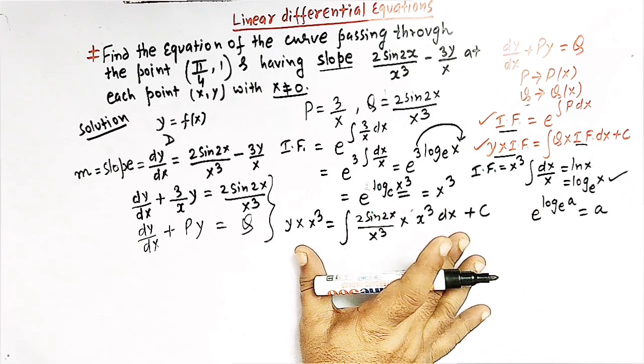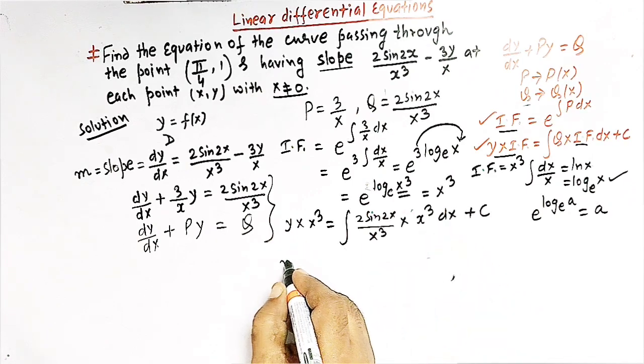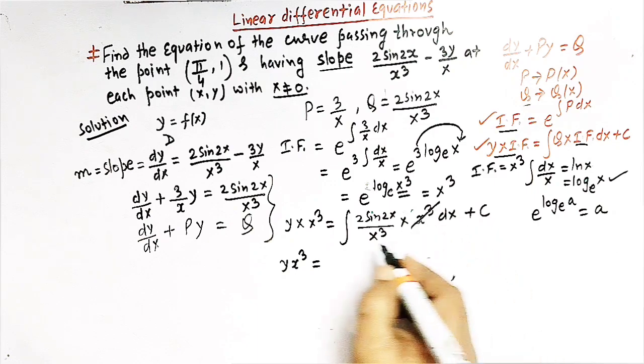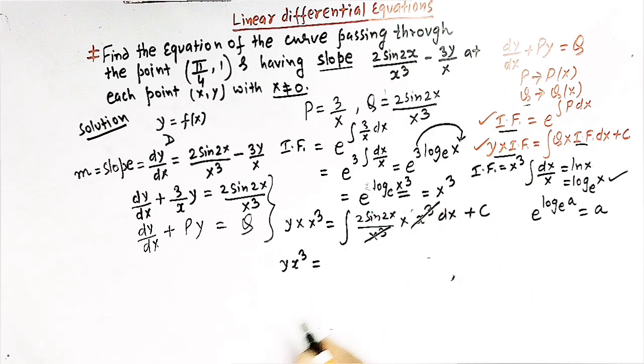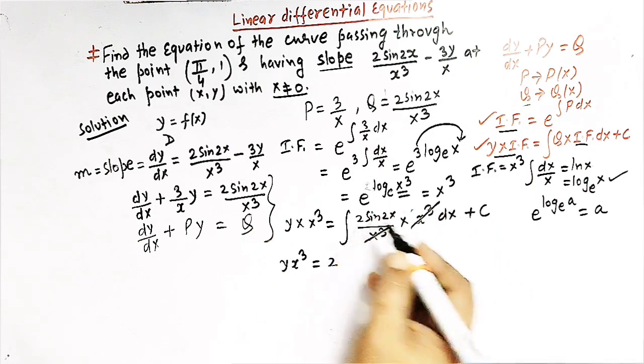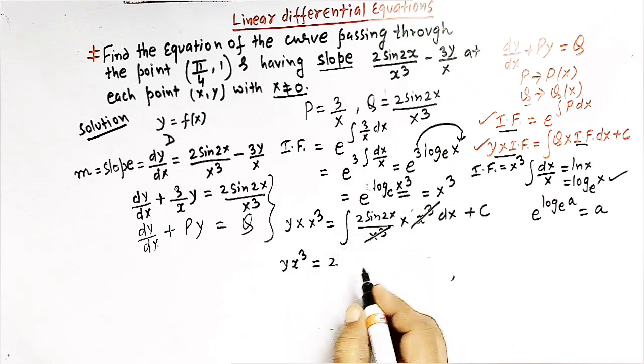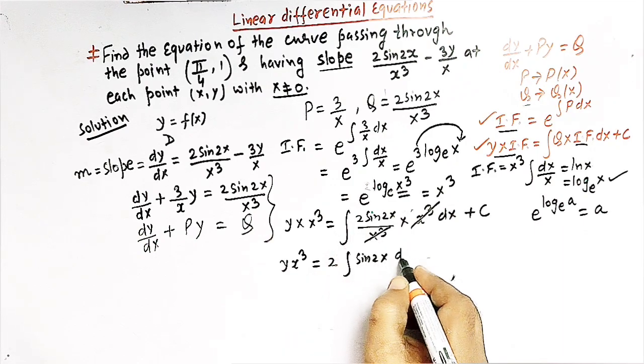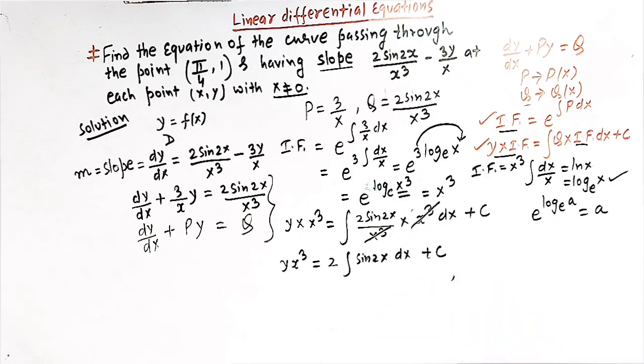So let us simplify it. So we have y x cubed, and here this x cubed and this x cubed get cancelled. We can take this 2 outside the integral. We have integral sin 2x dx plus c, right?